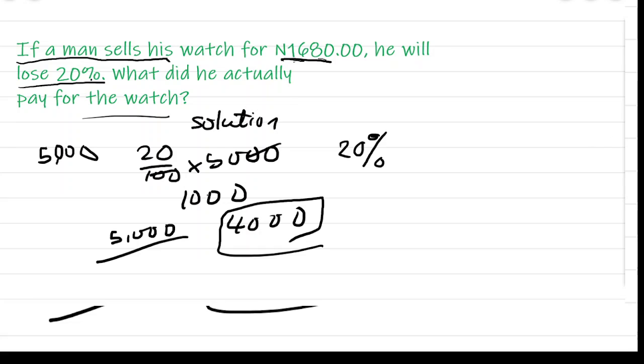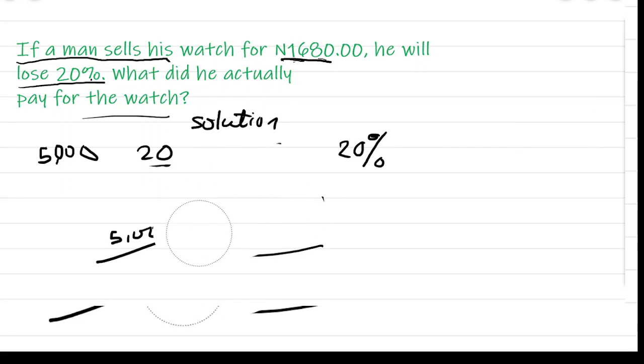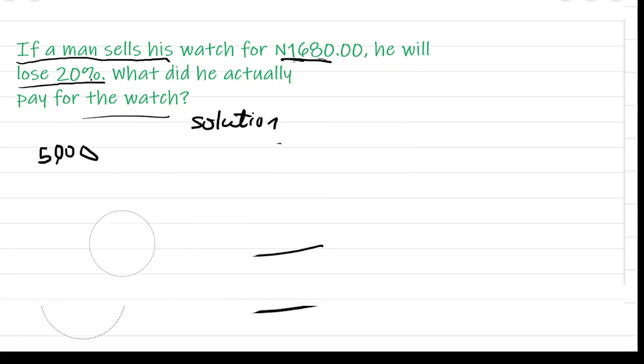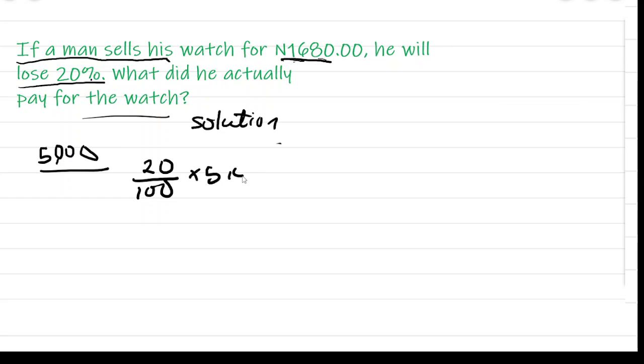I think I was a little bit fast there, but don't worry, everything will be fine. So in case you missed me, let me come back again. So the man bought a watch for 5,000. This one is just a different example I'm giving from the main problem. So let's say you lost 20% of 5,000. That is 20 over 100 times 5,000, which equals 1,000 after we did the calculation before.